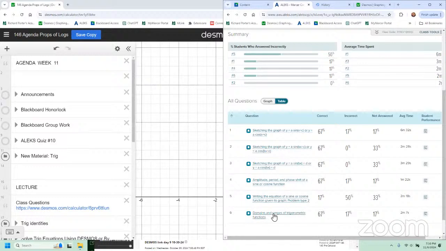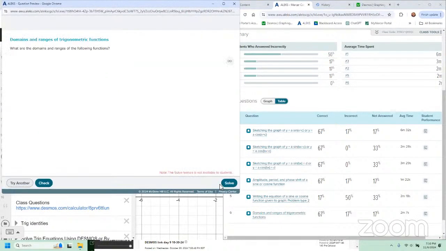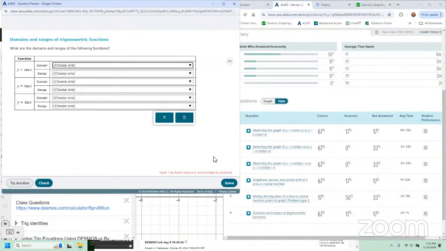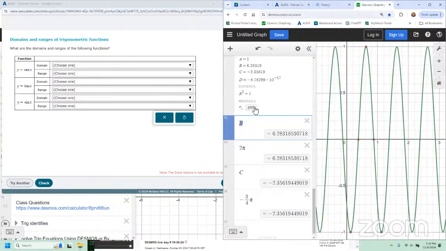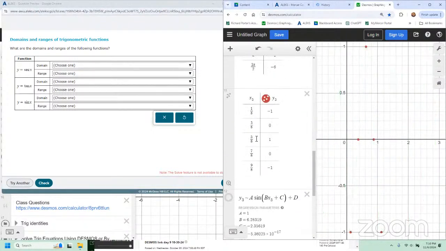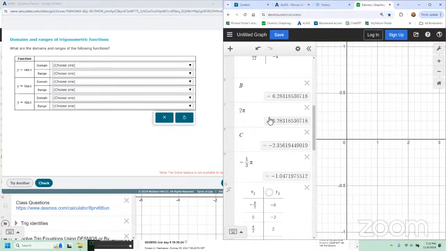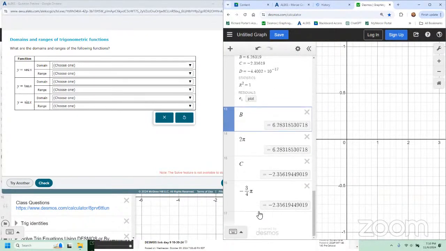One thing I have to say about the domains and ranges of trig functions, this is not my favorite question. You just have to do this once. You have to look at these graphs and use your knowledge of domains and ranges.